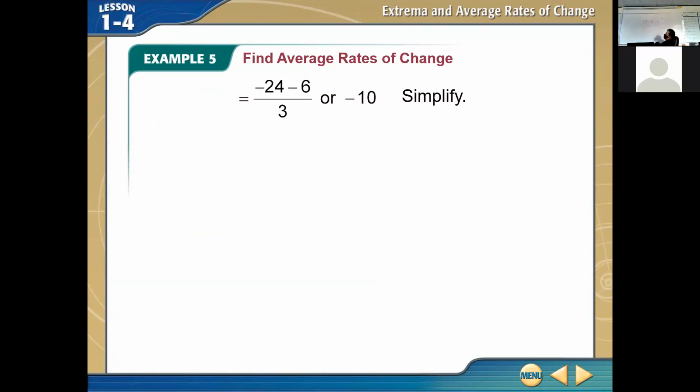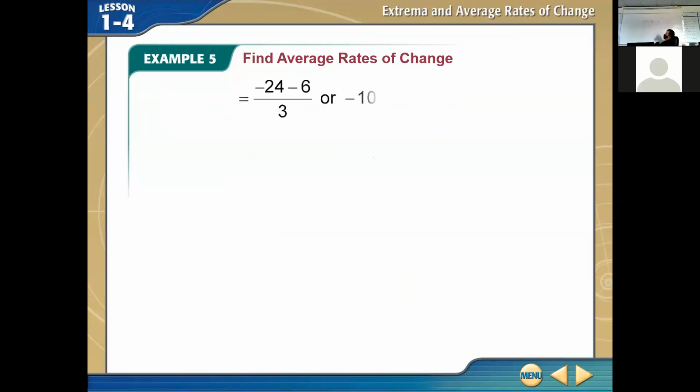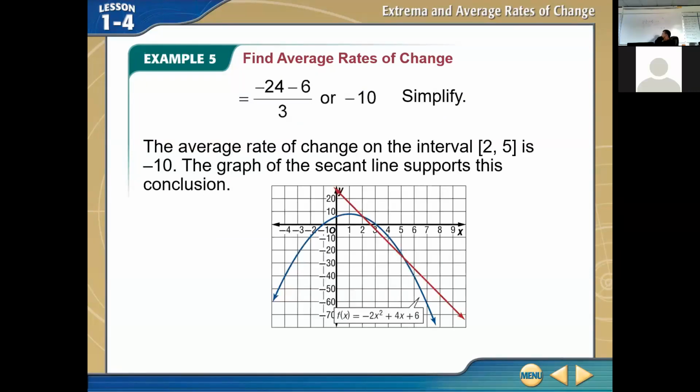When they plugged in 2, they got 6. And then that 3 is the result of 5 minus 2 in the denominator. It simplifies down to -10. There's what it looks like graphically. You can see they've got a point from (2, 6) through (5, -24). The average rate of change is -10.